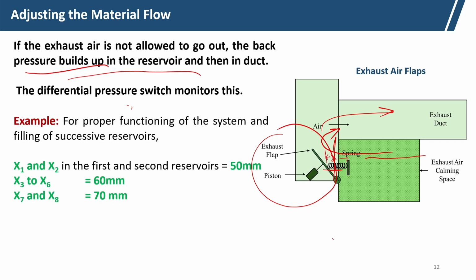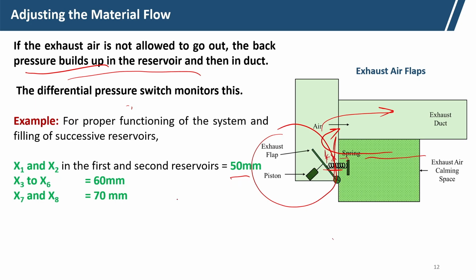For proper functioning of the system and filling of successive reservoirs, for example, the distance x1 and x2 for the first and second reservoir is 50 mm, x3 to x6 is 60 mm, and x7 and x8 is 70 mm.